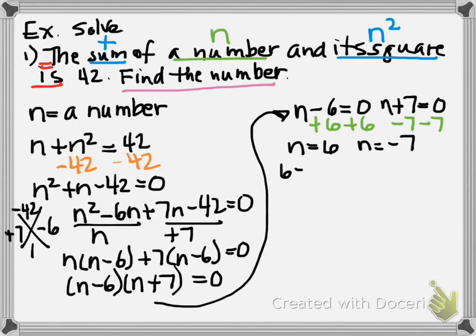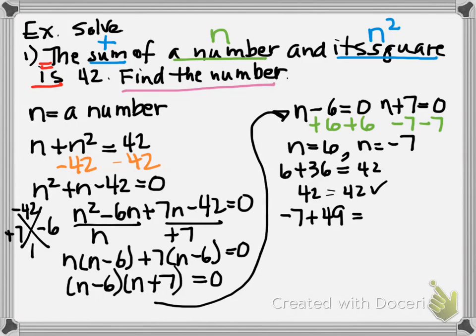If I add 6 and its square, does it actually equal 42? And the answer is, it does. So 6 works. If I add negative 7 and its square, which is 49, does that equal 42? And the answer is, yes, it does. So how do I write the answer to a word problem?